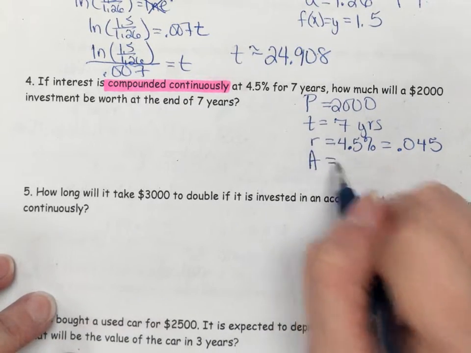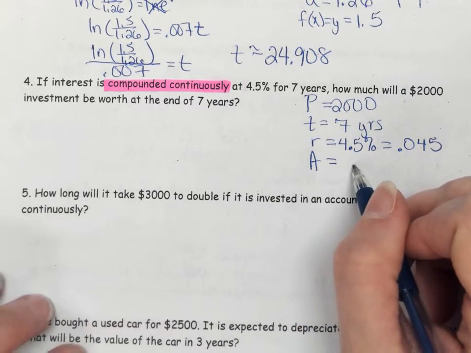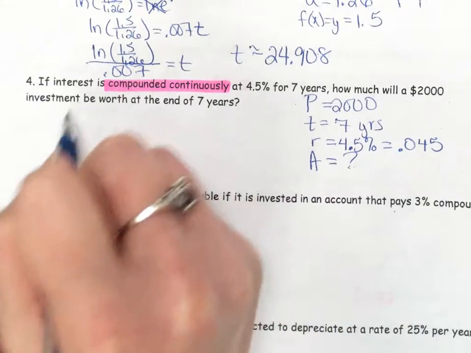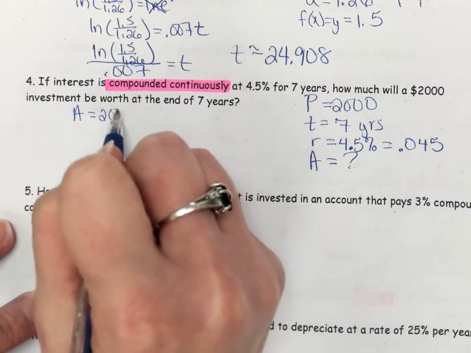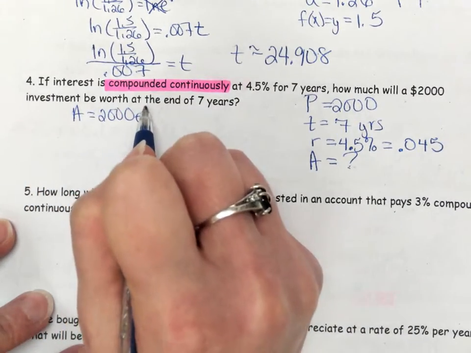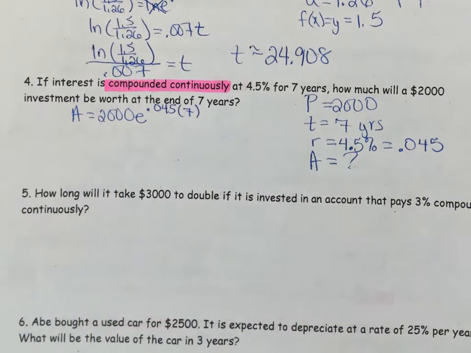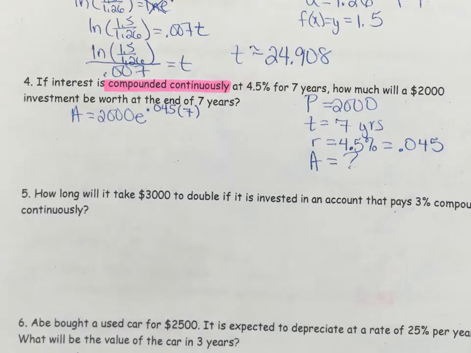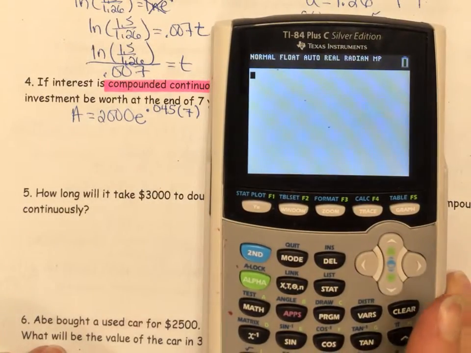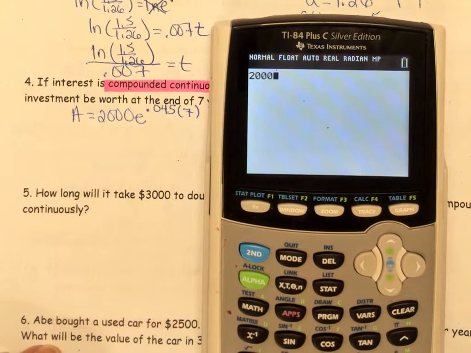What about the A? What's the final amount at the time of 7 years? We don't know it. So this one's pretty easy. A equals 2,000 e to the 0.045 times 7. And you can plug that all straight into your calculator. You ready? 2,000.